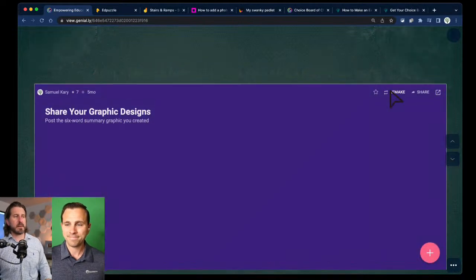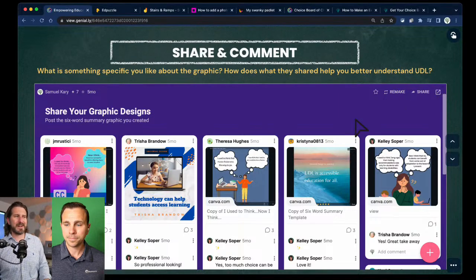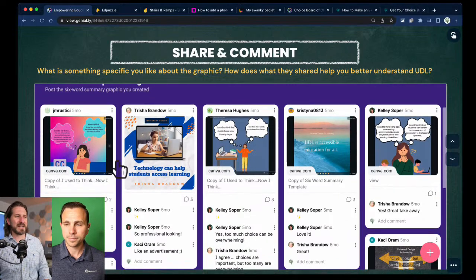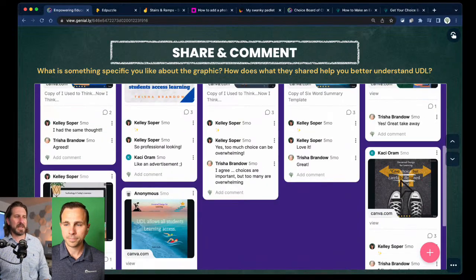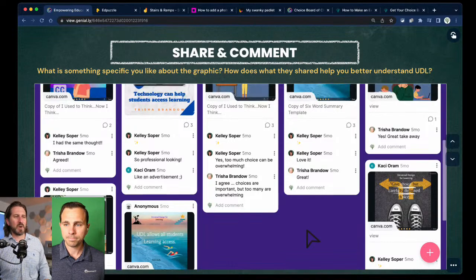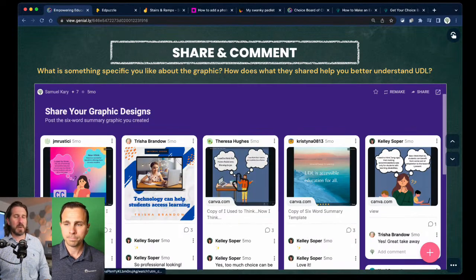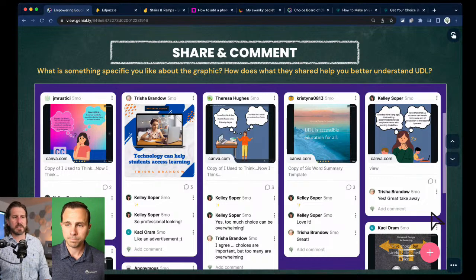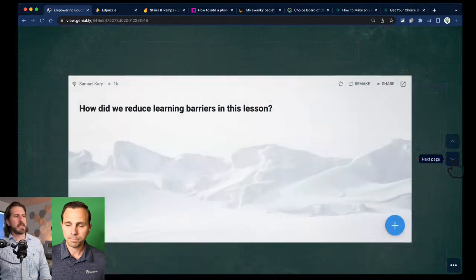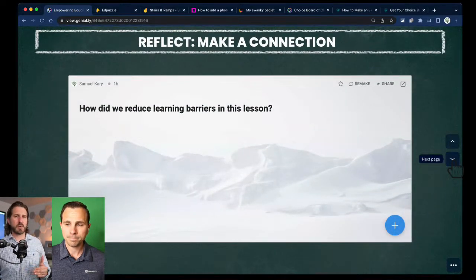And then at the end, all the things I want them to do as students, I'm ultimately going to have them do as well. So you can see here, I had different folks in a PD go through and actually create these graphics and then post them and share what they liked about each other's creations. And then I would bring it back to ultimately, what are we doing, right? So I would have a higher level metacognitive conversation.